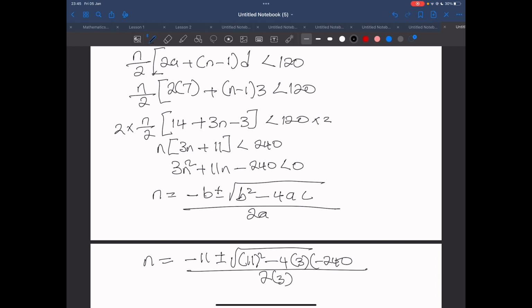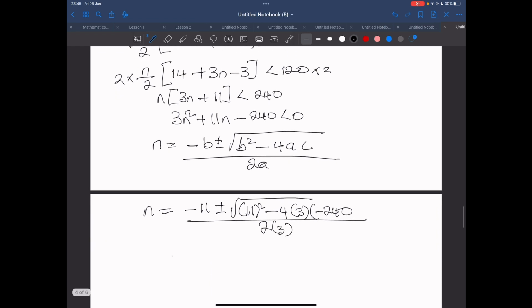All right, so now we get the values using our calculator. We get negative 10,9 if you press your calculator there, and we also get 7,3 if we round off.